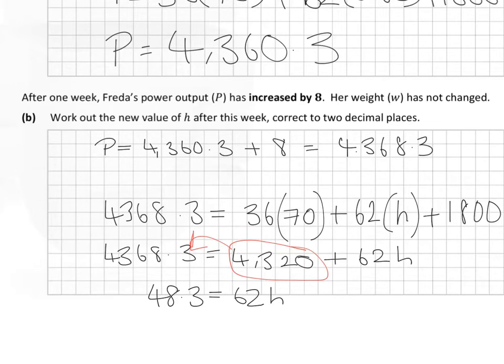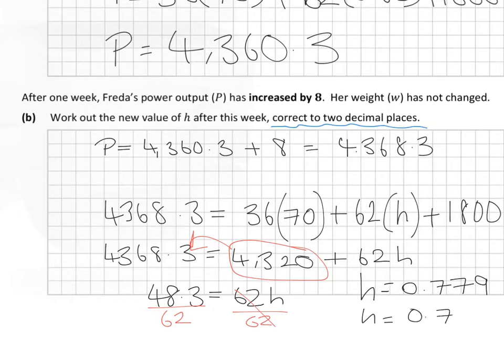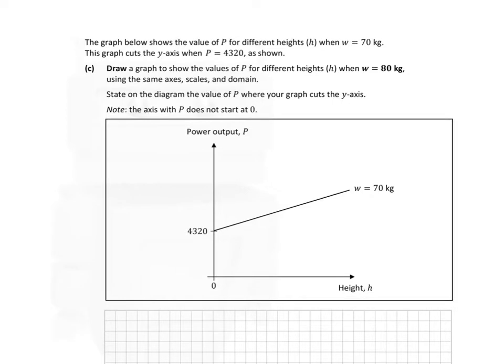Dividing both sides by 62, these will cancel off. I'll end up getting H is equal to 0.779. We have to go to correct to 2 decimal places. So H is equal to 0.78.